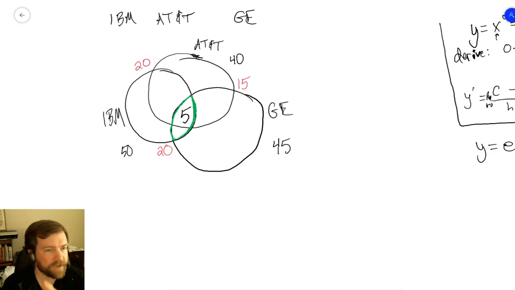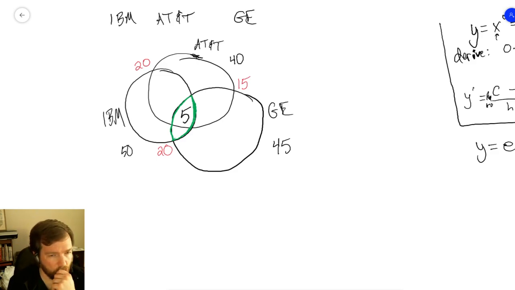Meaning that the 50 from IBM is going to be all of the circles together for IBM. Which is why I'm inclined to believe that anywhere that they say they own shares in both of these, it also includes the all three. So let's just speculatively try this out.